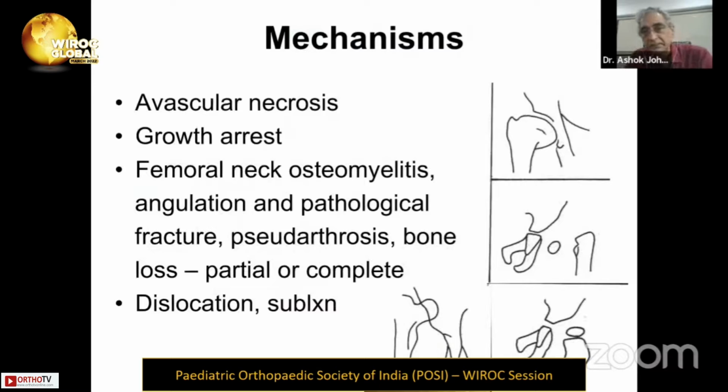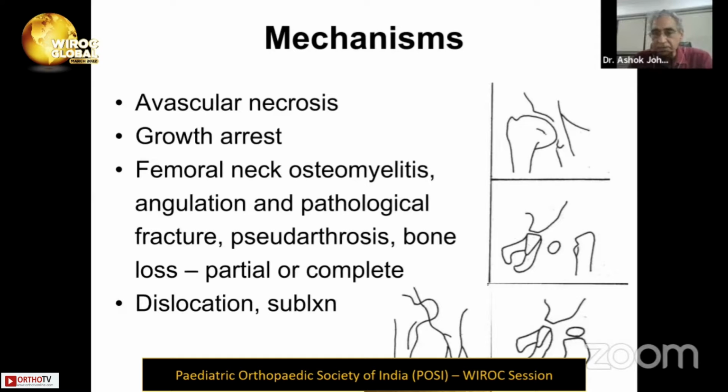So the mechanism by which sequelae work, of course, avascular necrosis, loss of the blood supply to the capital femoral epiphysis, then growth arrest, again, because of infection and the sequelae of infection. Femoral neck osteomyelitis, that's a local involvement of the femoral neck, giving rise to angulation and pathological fracture.